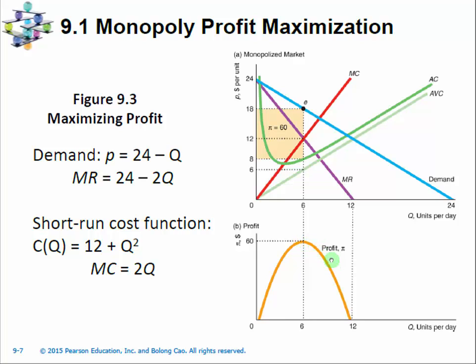Beyond that quantity, marginal cost exceeds marginal revenue for the units above 6 units. That is actually negative marginal profit, so it chips into the total profit and makes it decline.